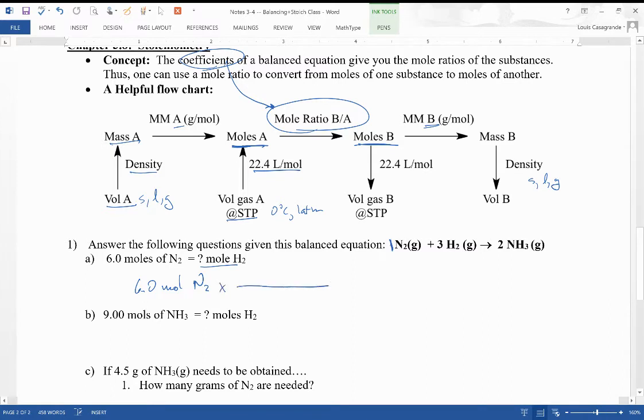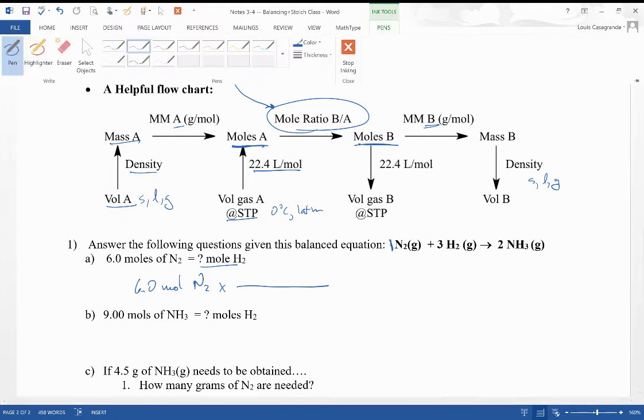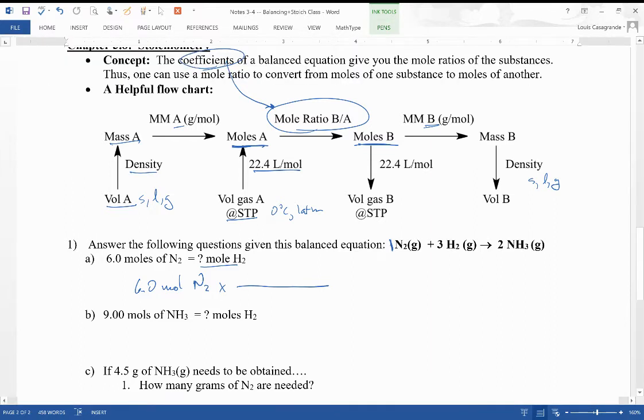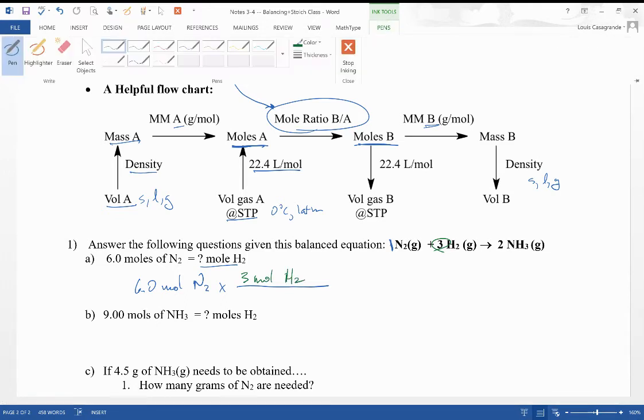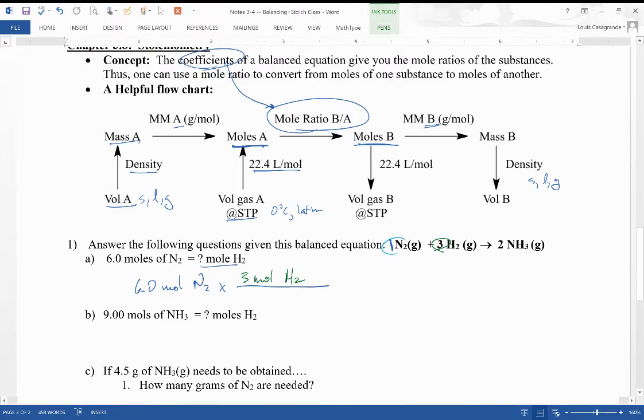So the mole to mole ratio is going to take our, we're converting from nitrogen to hydrogen. So the hydrogen is going to be on top. So we have 3 moles of hydrogen in the numerator. And we want to eliminate nitrogen. So we're going to have the 1 mole of nitrogen in the denominator.